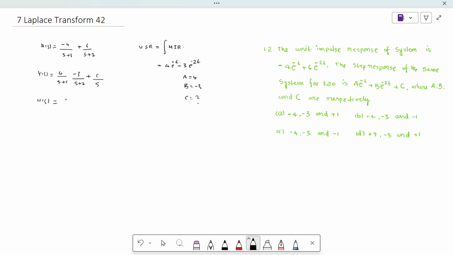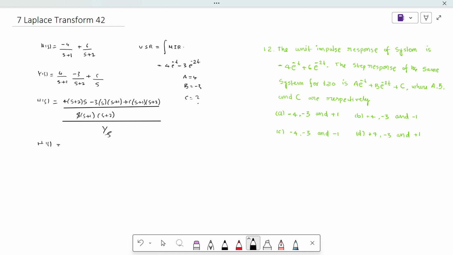First write Y(s): 4 into s(s + 2) − 3 into s(s + 1) + c into (s + 1)(s + 2), all by s(s + 1)(s + 2), by 1 by s. So s gets cancelled.